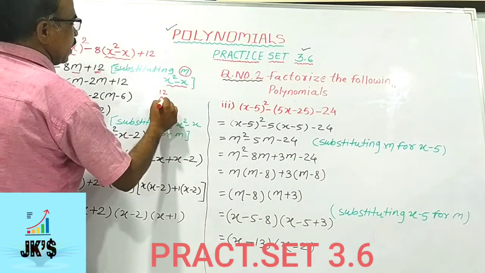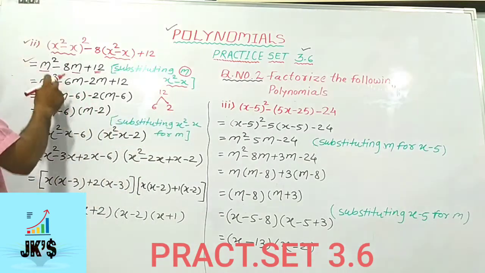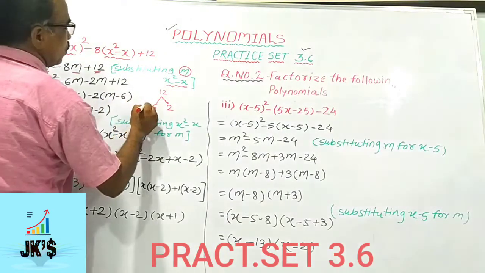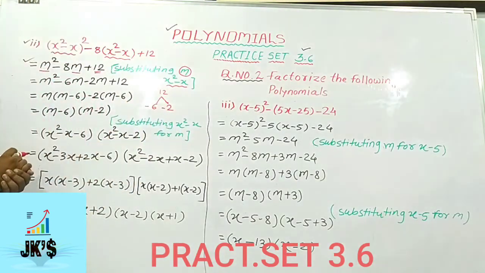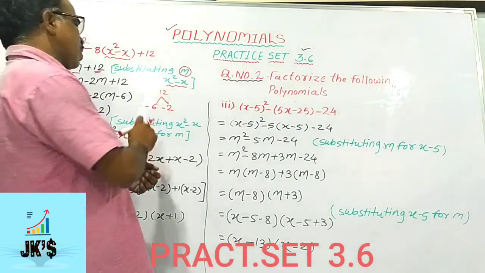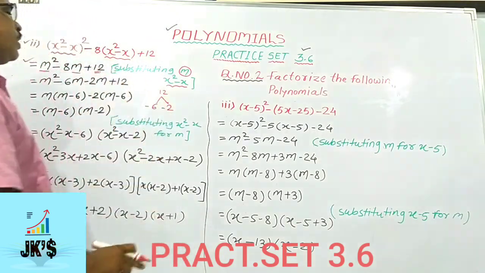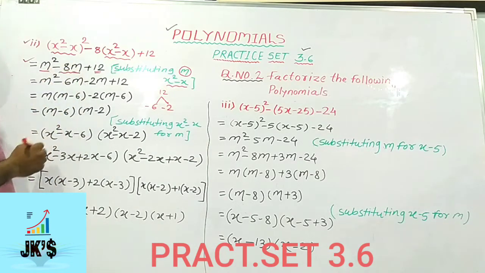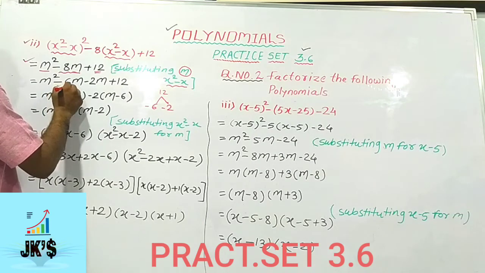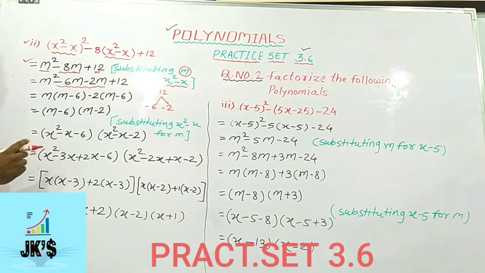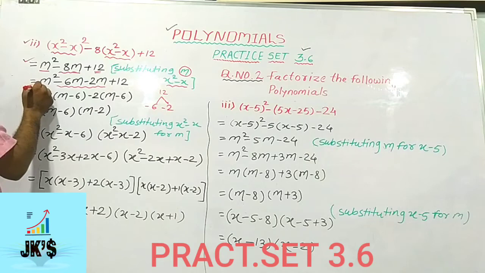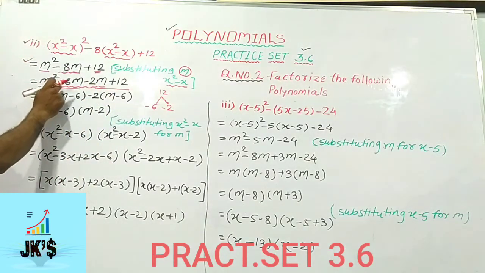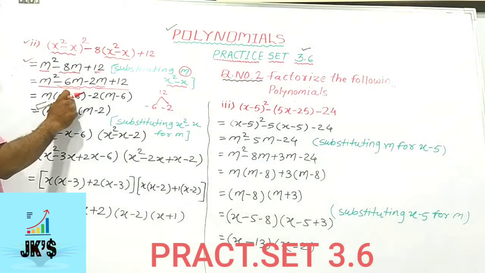Six and two. And we are adding them, which means we give the sign of the middle term to both. So the factors of 12 are −6 and −2. Minus 6 into minus 2 is plus 12. So friends, this −8m is written as −6m − 2m. Group the first two and the second two. m is taken common, m − 6.